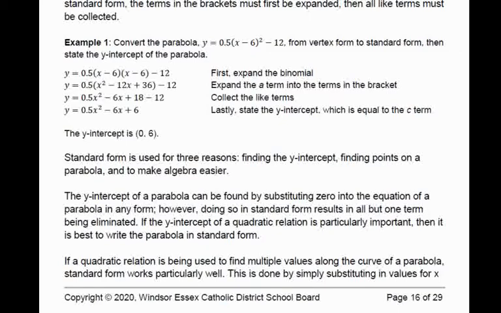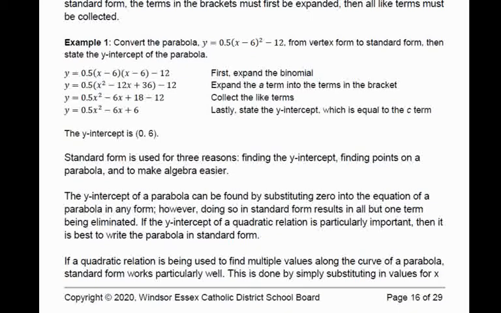And then we distribute that a term into the bracket, so we end up with 1/2 of every value there, so it's 0.5x squared minus 6x plus 18. And then we combine our minus 12 with our 18 to get our c term, which is 6. And in this question, they asked us to say what the y-intercept is, so we can just say, because we have a plus 6 at the end, our y-intercept is 0, 6.